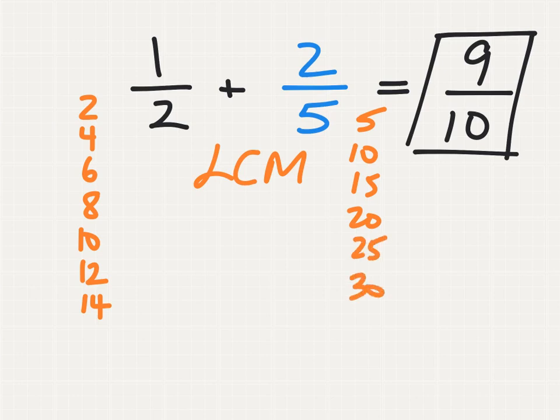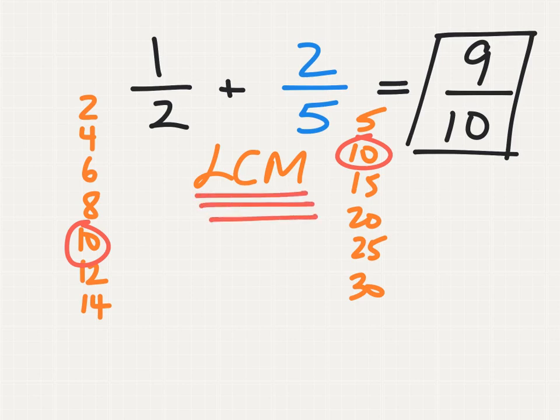And then I look to see if there's a number on both lists. And in fact, I see the number 10 is on both lists. In fact, it's the lowest number that's on both lists. That makes it the least common multiple.